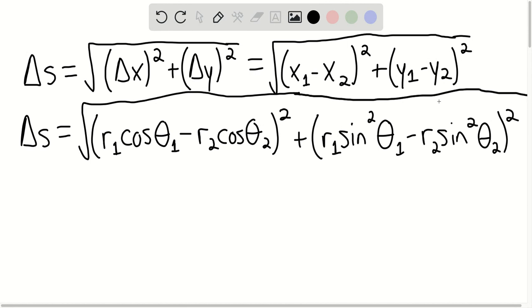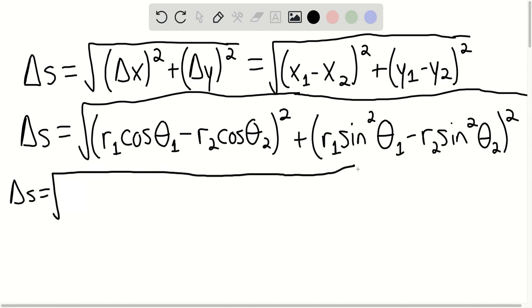And we can then further multiply this out and try to simplify as much as we can. So delta s would then be equal to the square root, and bear with me here.